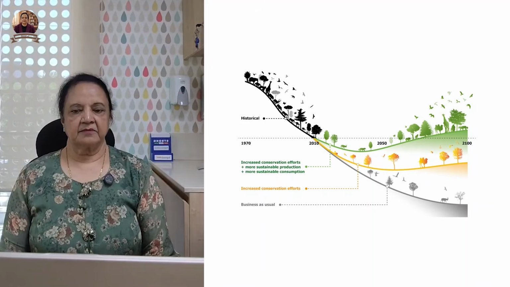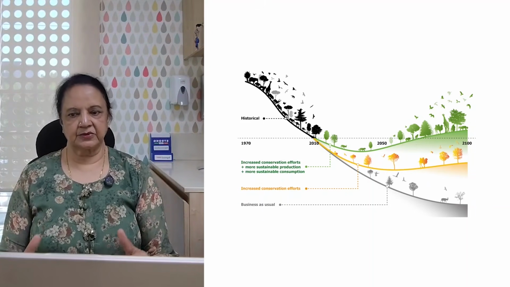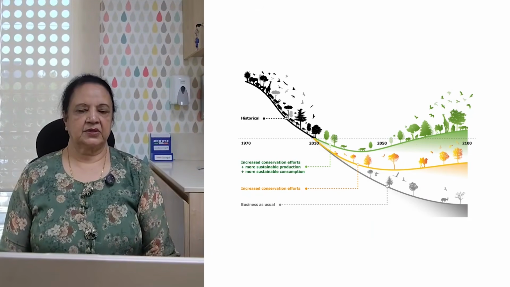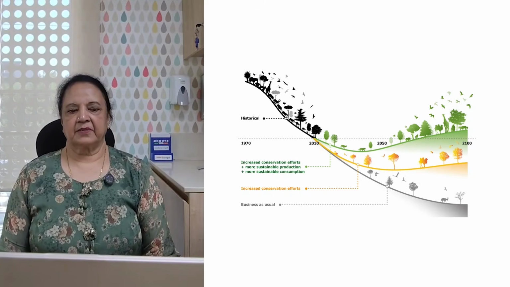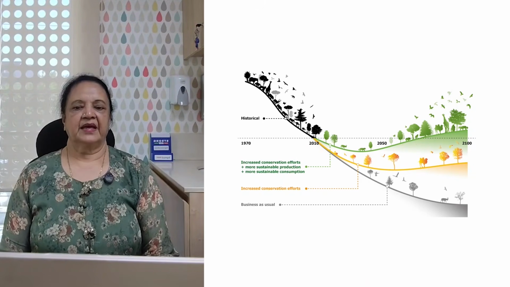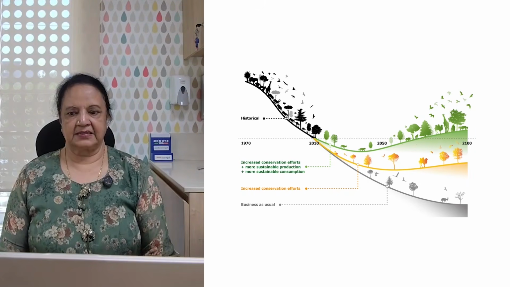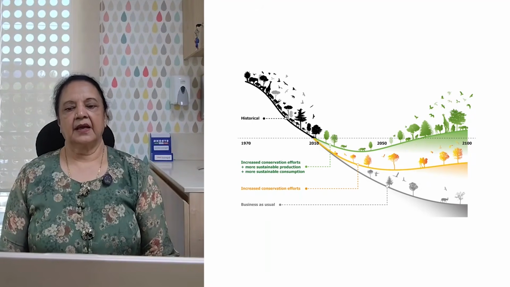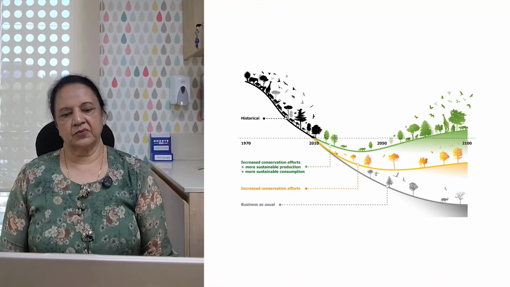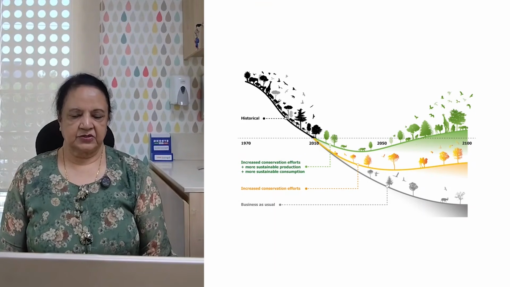Fragmentation: sometimes a large continuous habitat is divided into smaller isolated patches, that is, the fragments, by roads, railways, or canals. These fragments are often too small to support viable populations. The edges of the fragments create new microclimates, and animals in small, isolated fragments may not be able to find mates or food, leading to inbreeding and local extinction.